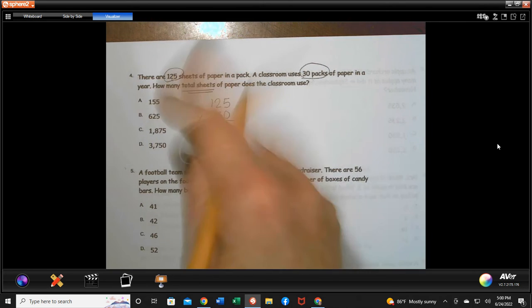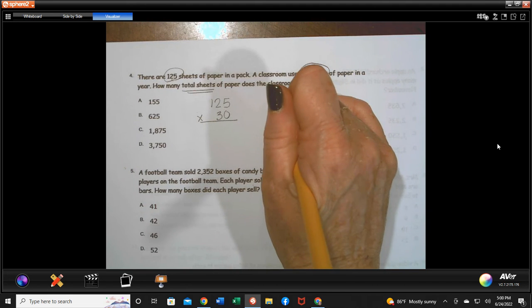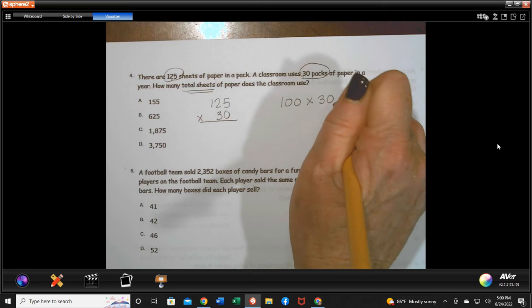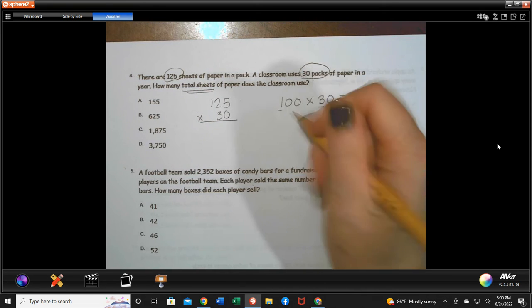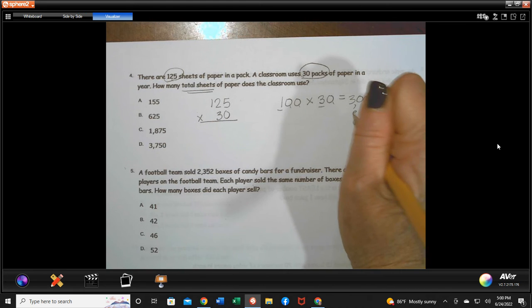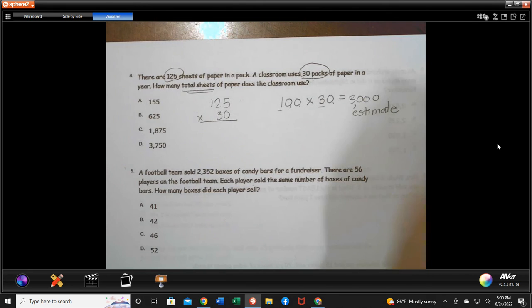All right, I'm going to get a quick estimate. So 125, front digit rounding would round to 100. 30 is already rounded. My basic fact, 1 times 3 equals 3. And then I have these 3 zeros in my product. So I get an estimate of 3,000. Again, I am adamant every day in class that we always get quick estimates.